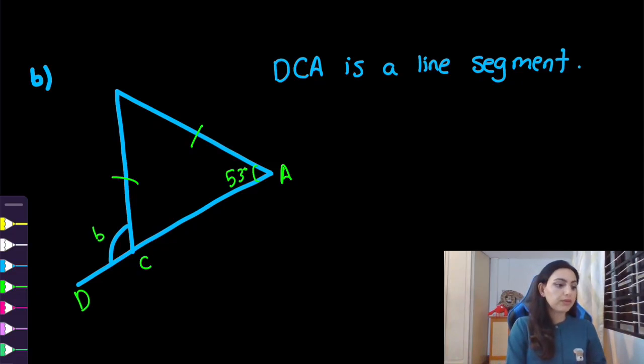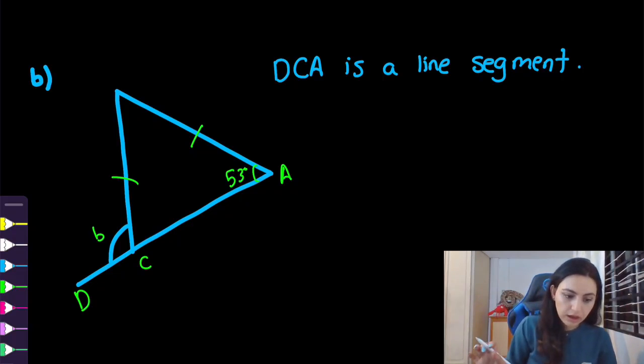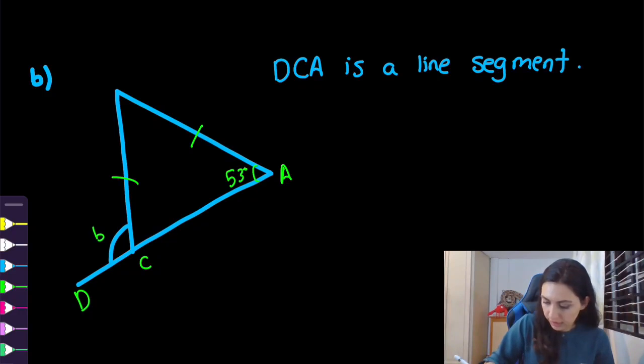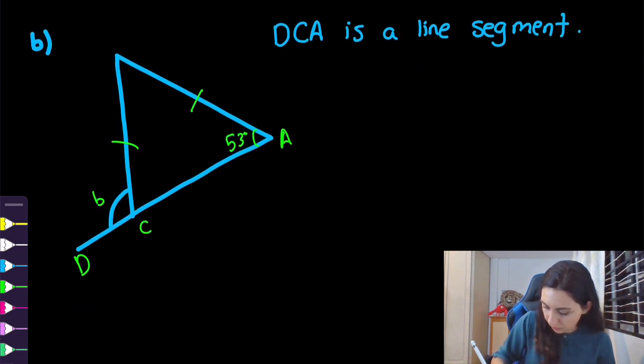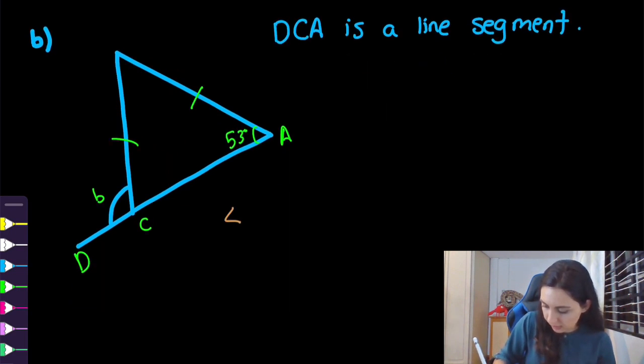One rule that we learned in the last lesson, in my last video, that was very, very important, is that when we have an exterior angle, it is equal to the two angles inside the triangle.